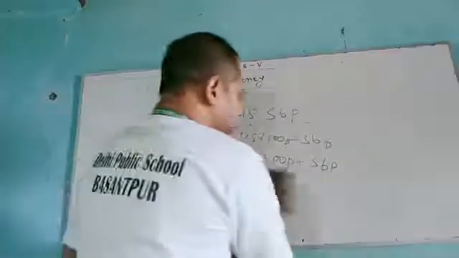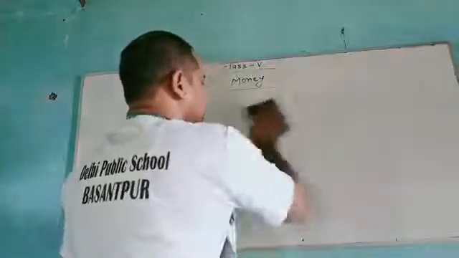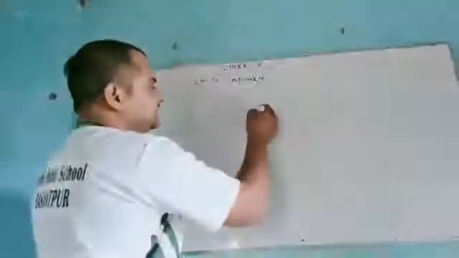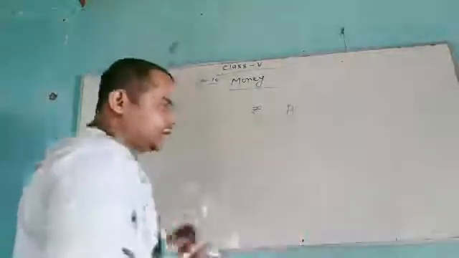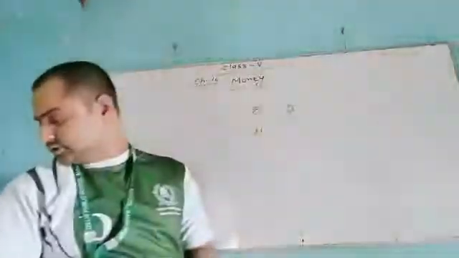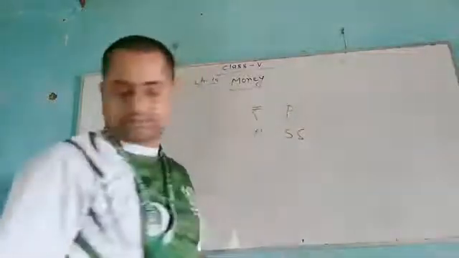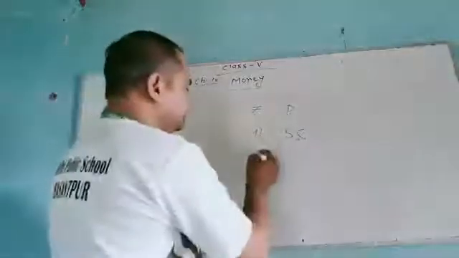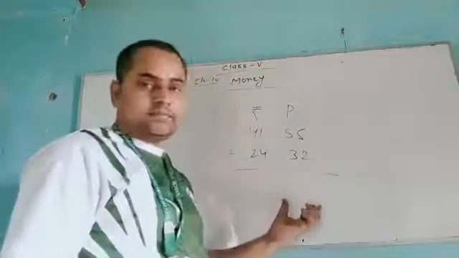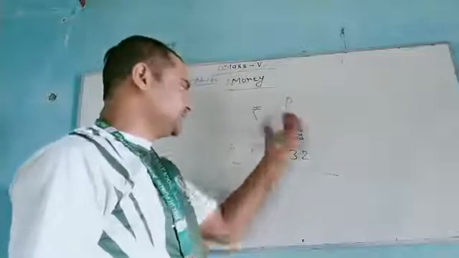Addition of money. This is very simple addition and subtraction. First example, you write R and P. Okay, R and P: 41 rupees and 55 paise, and 24 rupees and 32 paise. First you write in the same place, rupee under rupees, and paise under paise.